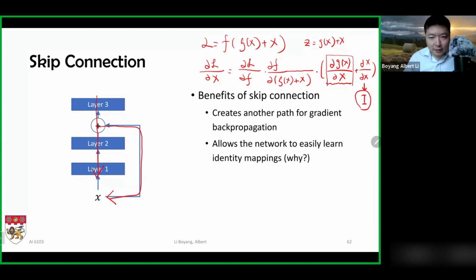Okay, another way to think about residual connections that was discussed in the original ResNet paper was the following. What they found while they tried to train deeper and deeper networks is that at about 20 layers, the network stops improving. If you add more layers to the network, the performance begins to decrease.